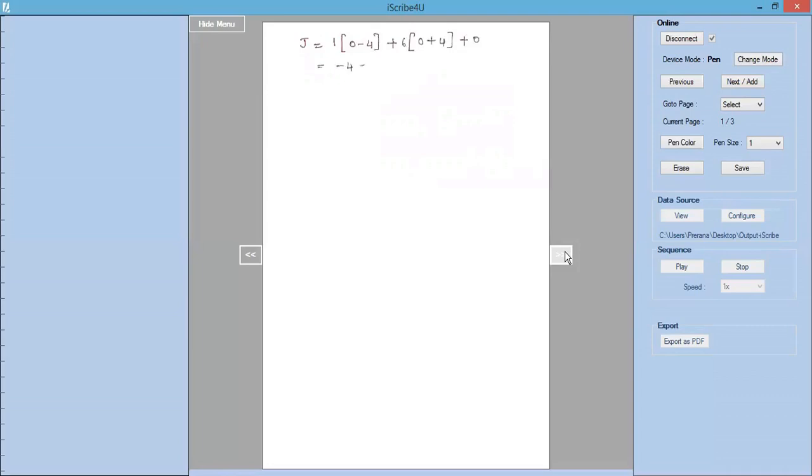So we have −4 plus 6 into 4 is 24. So the required Jacobian at the given point is 20.